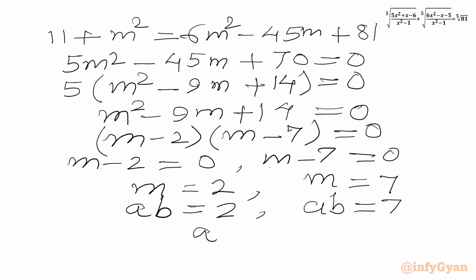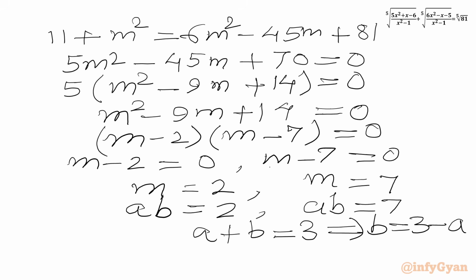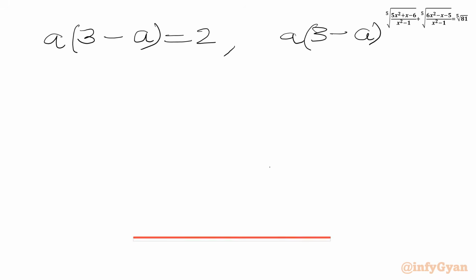Now our first equation was a + b = 3. From this equation, we can write b in terms of a: b = 3 − a, which we are going to apply here and here. So we will be writing two equations: a(3 − a) = 2 and a(3 − a) = 7.